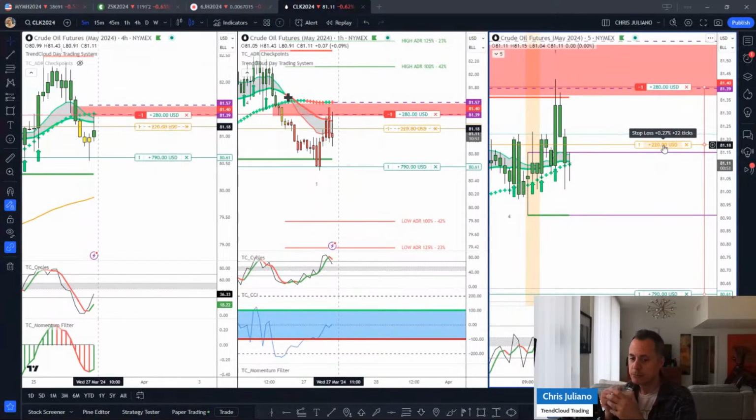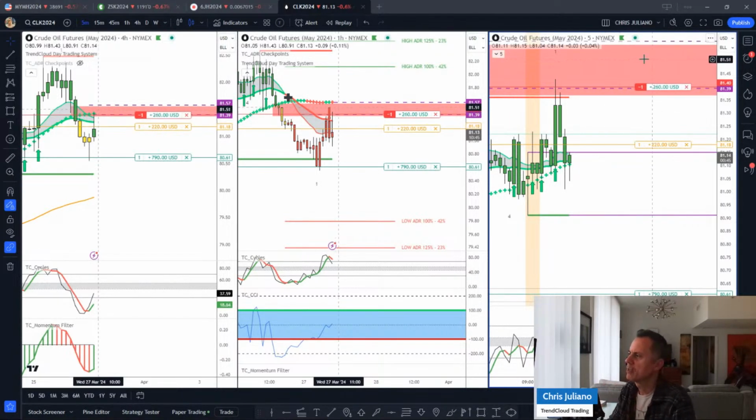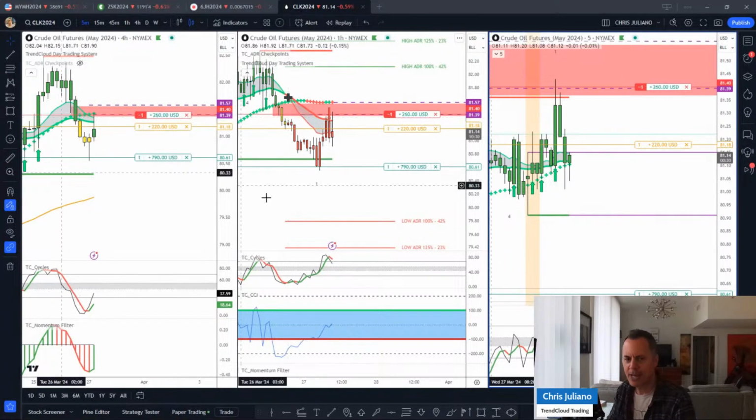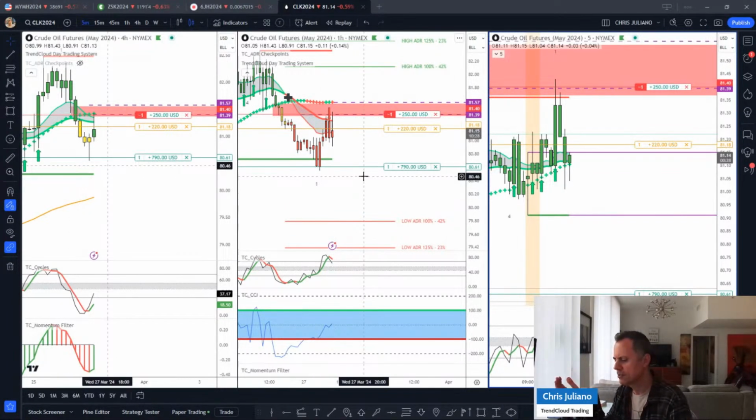I don't know. Nobody knows. All I know is that I can take a proper risk, right? Nothing over $200. That's what we're risking every trade. Take the trade. Make sure you have an edge, and the TrendCloud is going to show you that edge.